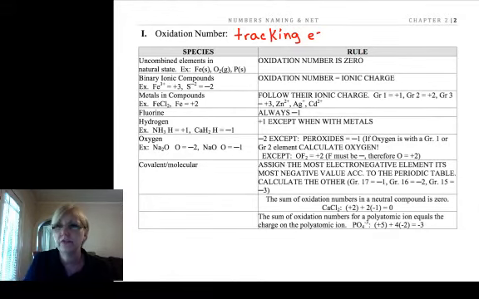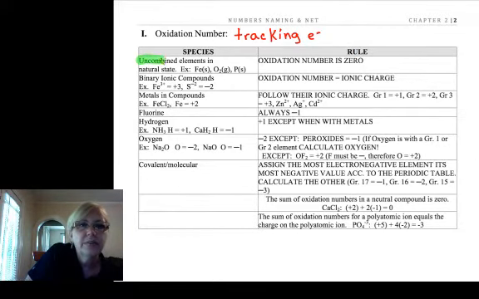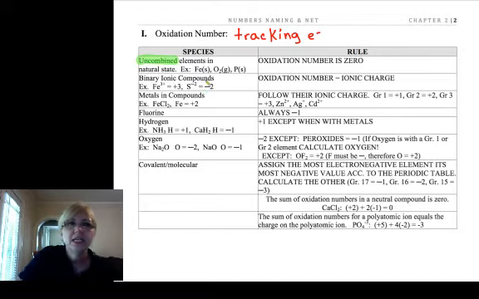So there are some rules involved in this accounting method. If we have an uncombined element, not in a compound, like iron or oxygen, and remember oxygen's diatomic, then the oxidation number is 0. For binary ionics, it's simply going to equal the charge.